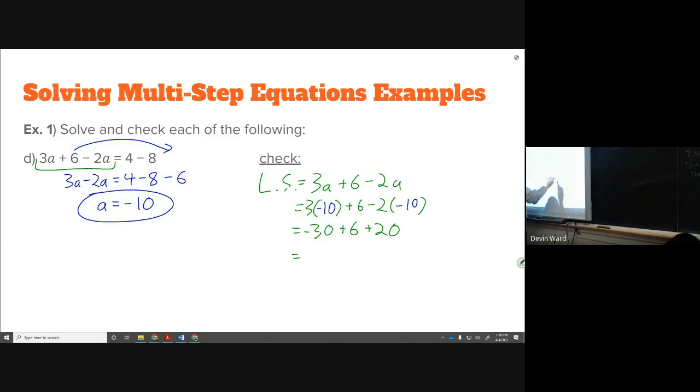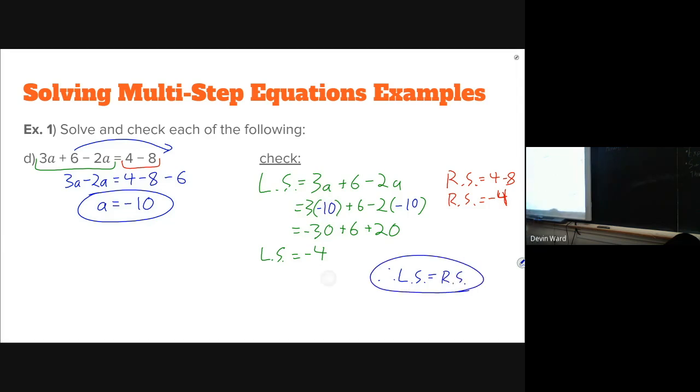So negative 30 plus 6 plus 20 gives us negative 4. Now my right side is a lot more straightforward. It's 4 minus 8, which is negative 4. Okay? And once again, my left side equals my right side.